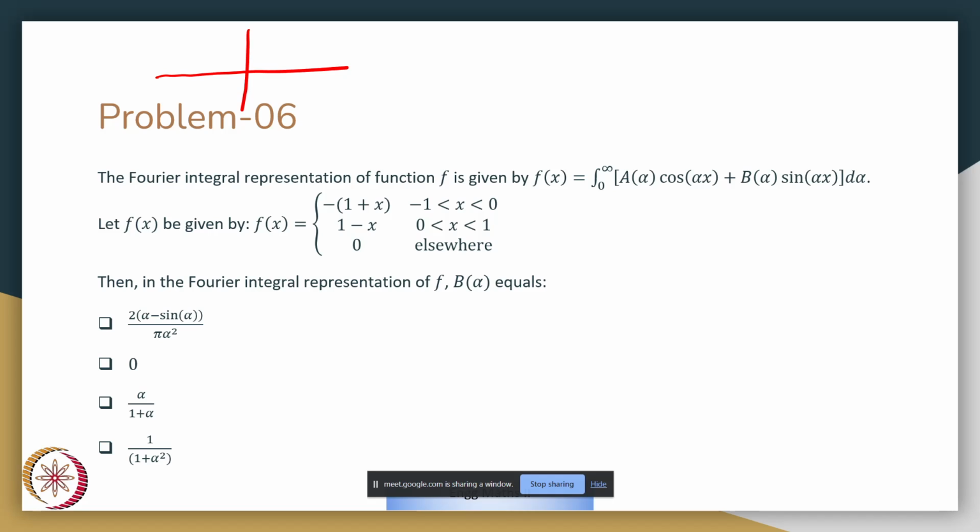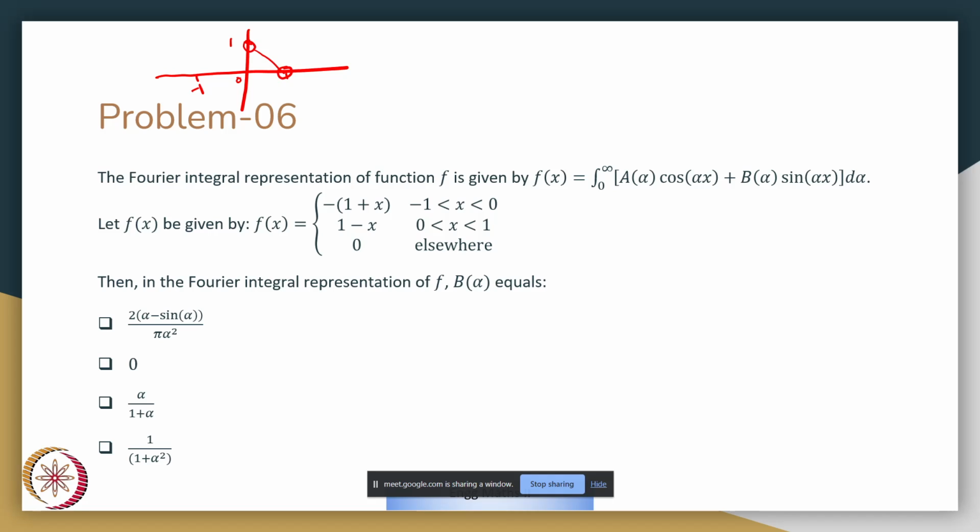So for x equals 0 to 1, and then there's x from minus 1 to 0. When x is between 0 and 1, the function is 1 minus x, so it will start at 1, but doesn't include 0, and it will go to 0 at x equal to 1, but doesn't include the point x equaling 1.